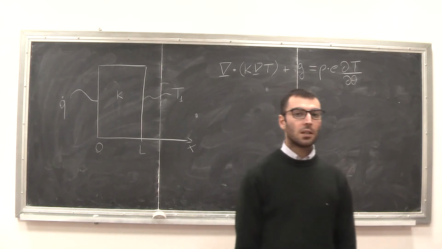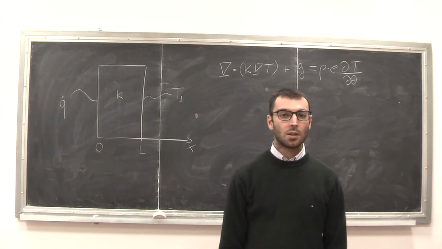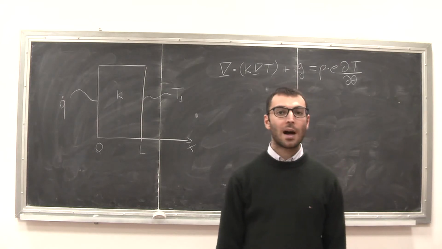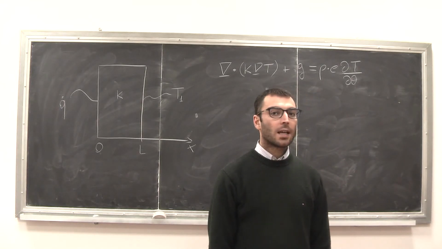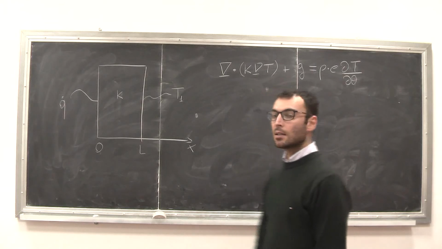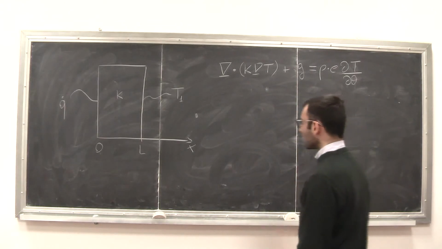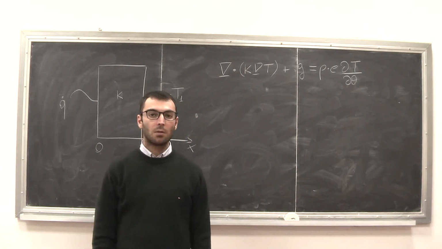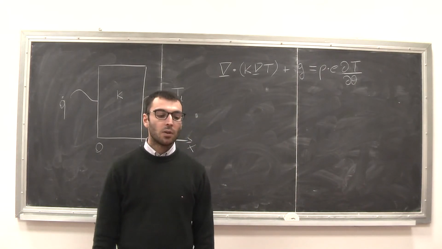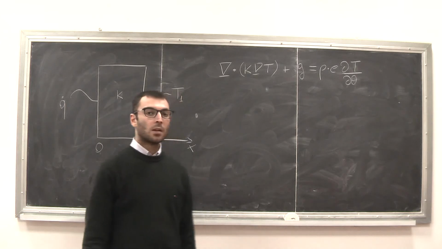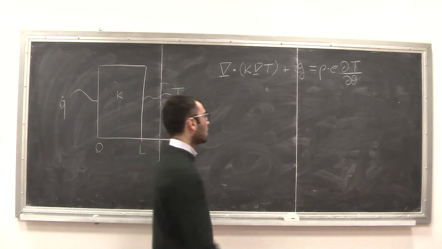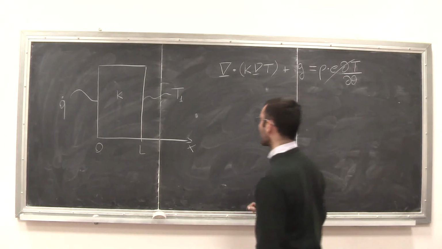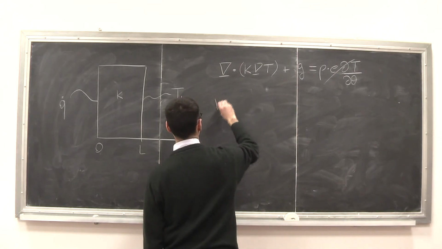If we consider this problem stationary, so we don't want to study the time behavior of our system, we can simplify the equation, because the derivative of temperature with respect to the time would be equal to 0. Therefore, we can cancel this derivative, and the equation simplifies in the following way.